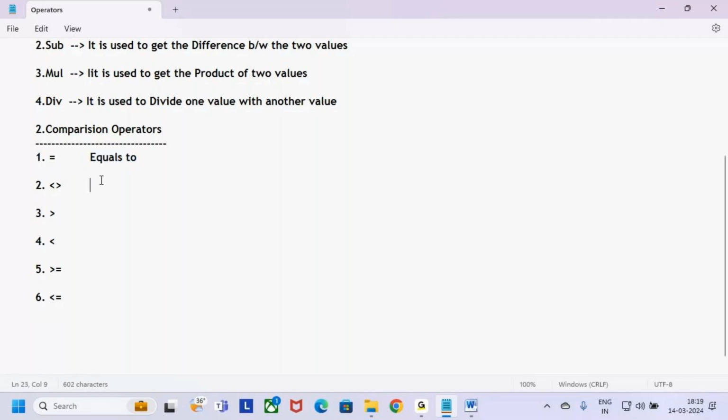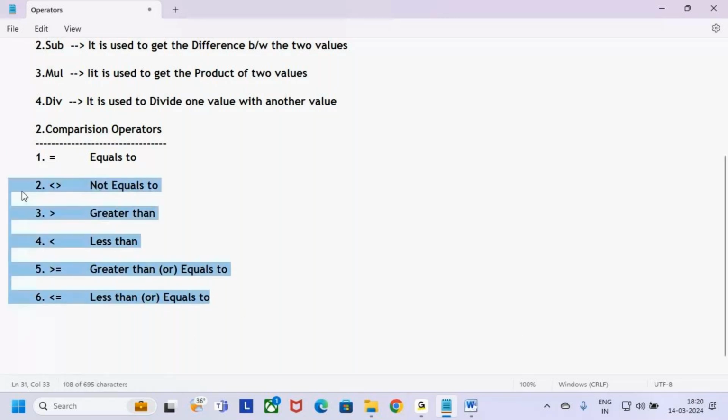Not equals to, and next one is greater than, and next one is less than, and next one is greater than or equals to, and next one is less than or equals to. These are the different types of comparison operators we'll have.